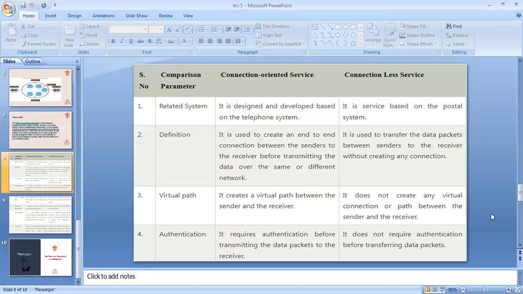It requires authentication before transmitting the data package to the receiver. So in connection-oriented services, there is some kind of authentication because it requires the acknowledgement from the receiver. So there is a proper authentication mechanism in connection-oriented services, and in connectionless services, no authentication is required.